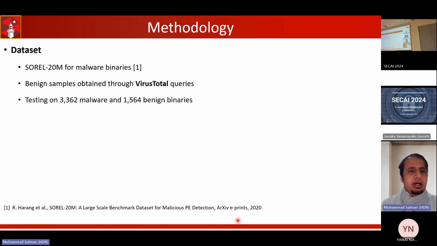While the binary files for malware are provided by SOREL, due to copyright reasons, SOREL doesn't publicly make available the benign files. So in order to get the benign files, we take hashes from SOREL, and if a corresponding file against the hash is found on VirusTotal, we download it. In this way, we have a test set of 3,362 malware and 1,564 benign files.